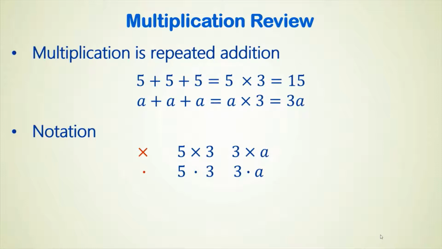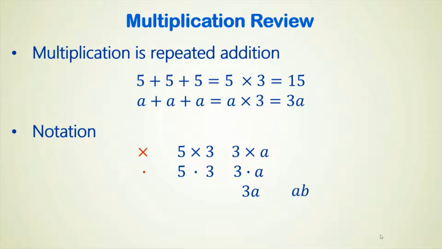Okay. And another way you will see more and more often in pre-algebra or algebra later on is to use nothing. So as strange as it sounds, if this is the first time you encountered it, 3 times A can be written as 3A together with nothing in between.